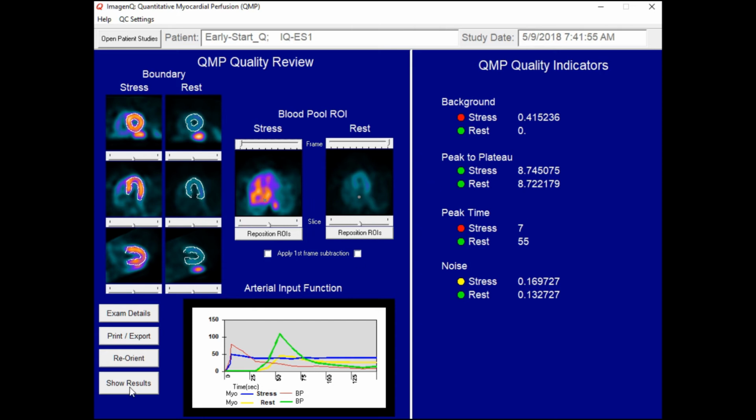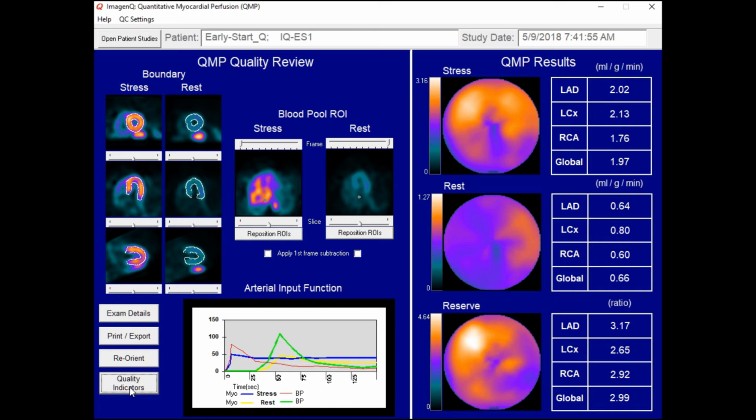So when we look at our final result, that appears to be a normal study with 1.97 ml per gram per minute, resting flow of 0.66 ml per gram per minute, and a flow reserve of 2.99, these numbers should not be trusted because we can't be sure that we captured the entire input bolus.